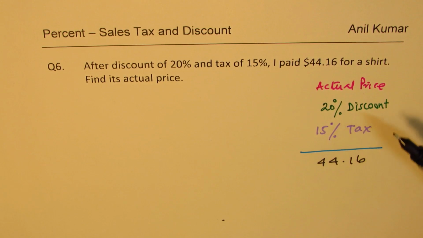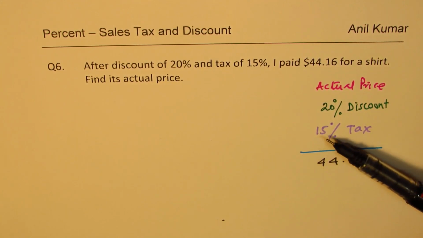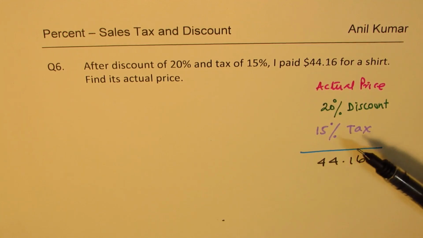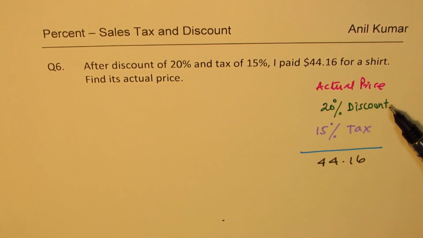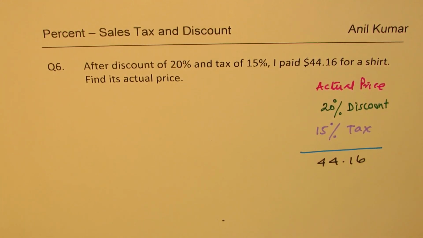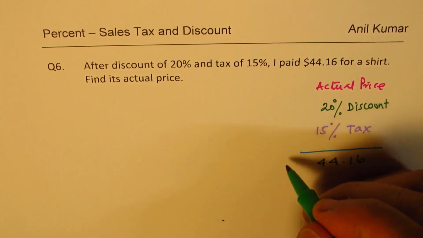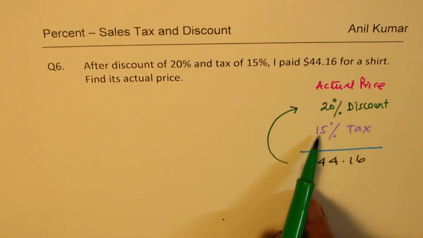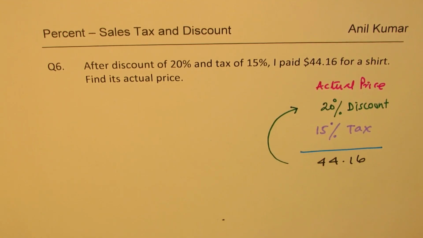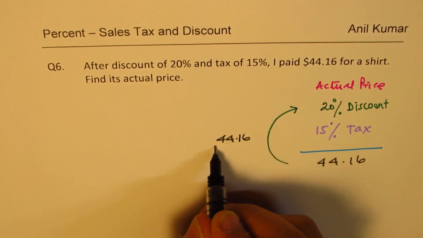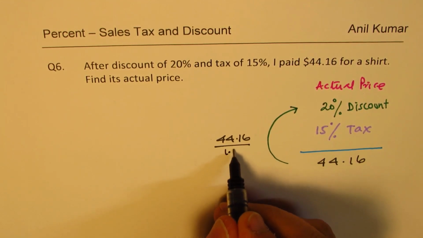So we should understand that this value is lower, right? We add 15% to get to 44.16, and whatever this value is, when you add 15%, that means this is becoming 1.15 times, correct? So to go from here to there, what should I do? Since we have added 15%, I should actually divide 44.16 by 1.15.